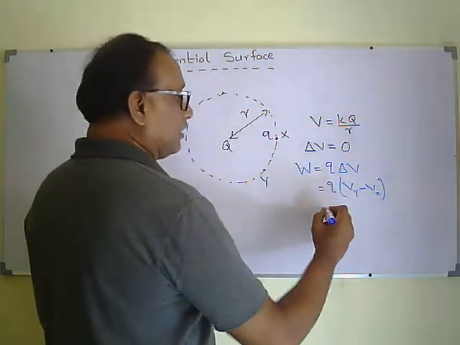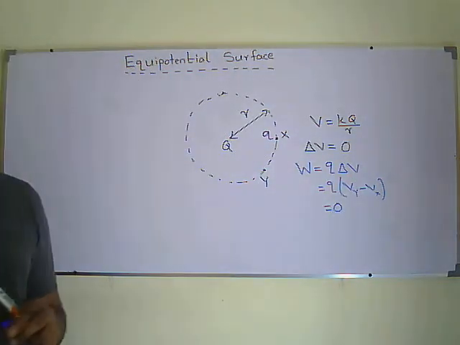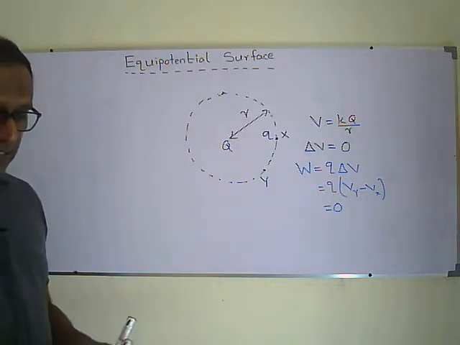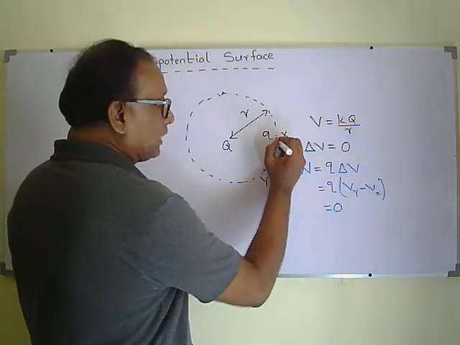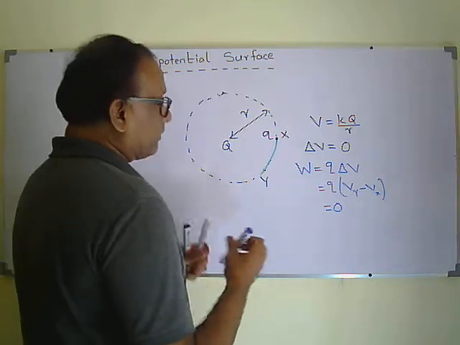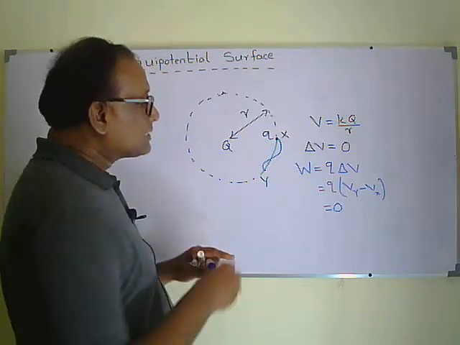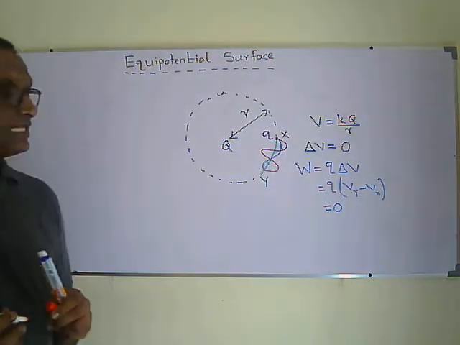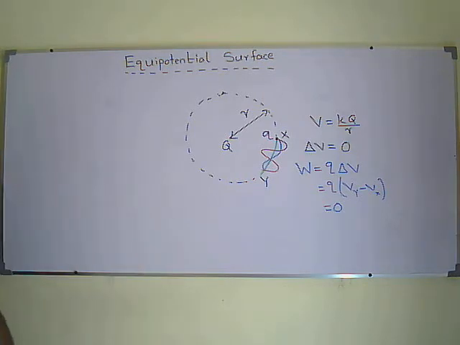So the work done will be equal to 0, because the potential difference between x and y is 0, regardless of the path it takes. The charge q might take a path along the surface, or a path like this, or a path like this. Whatever path it takes from x to y, the work done will be 0.